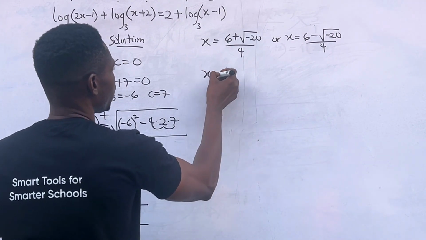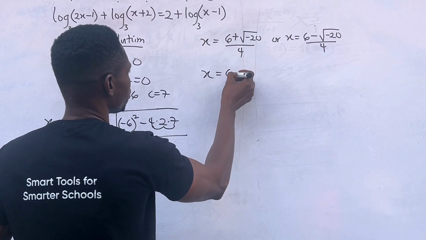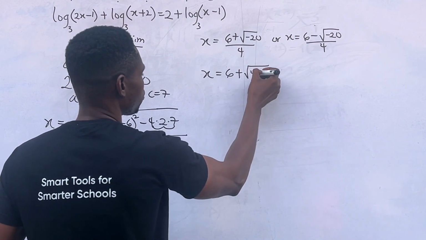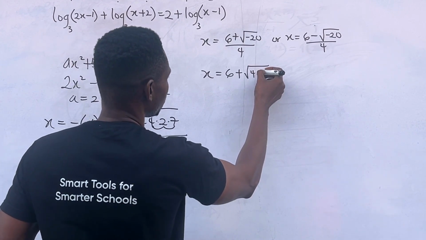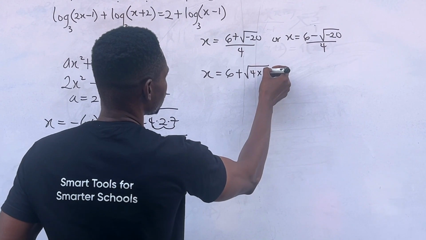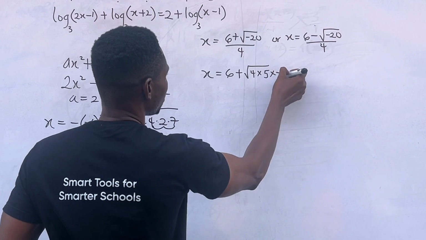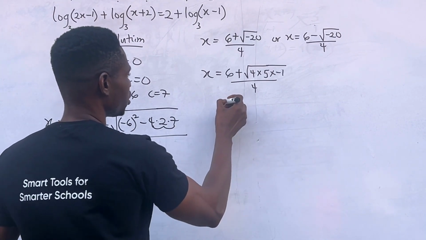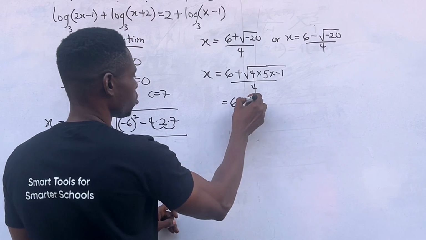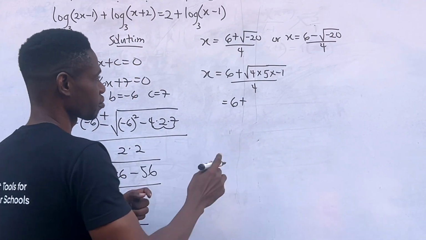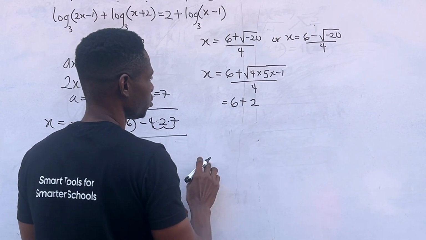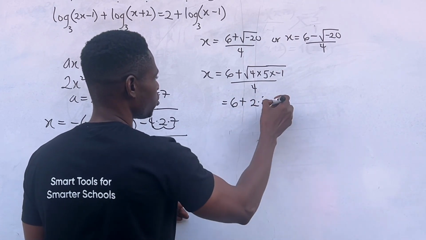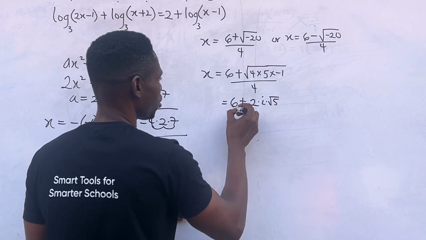Okay, so x is equal to 6 plus, this can be written as 4 times 5 times minus 1 all over 4, which is equal to 6 plus square root of 4 is 2, the square root of minus 1 is i, and then we'll have root 5 all over 4.